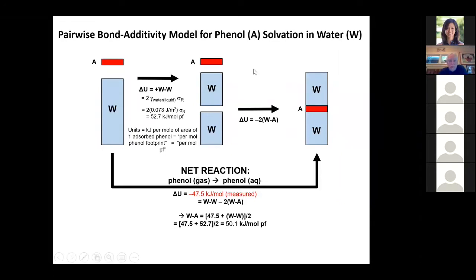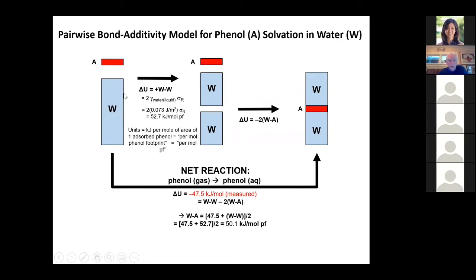Imagine that we're going to take phenol or benzene and put it in water. So this is just the heat of solvation for this step. And I'm sort of picturing this, if you look down from the top, this would have the cross-sectional area of the phenol molecule or the benzene molecule.